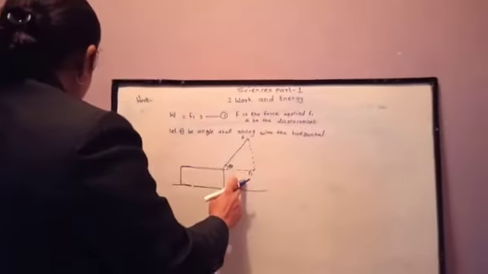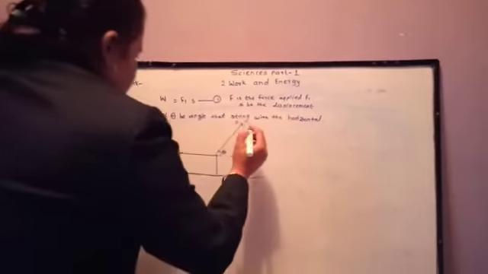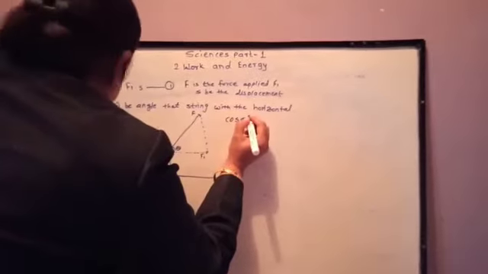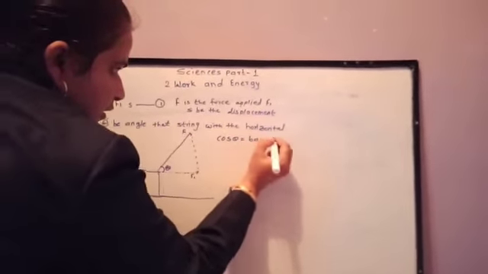Look at this figure. In trigonometry, cos theta equals base upon hypotenuse.